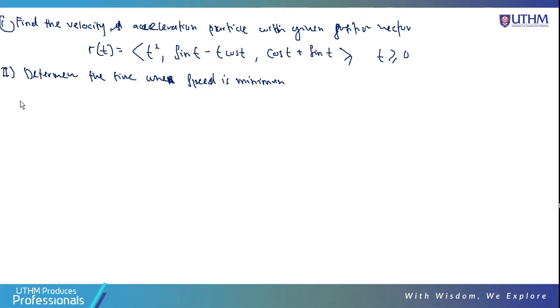Okay, so for the velocity, let's say r prime t. Okay, r prime t, so you differentiate t square sin t, you look at the 2t. Okay, 2t i.